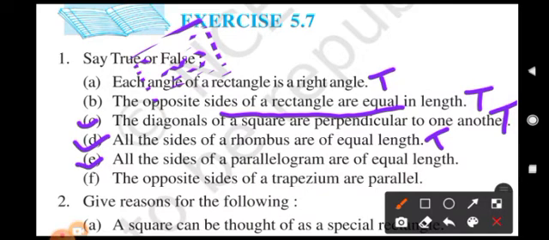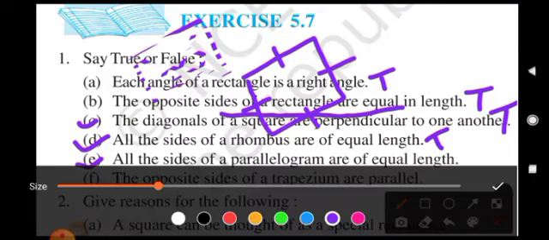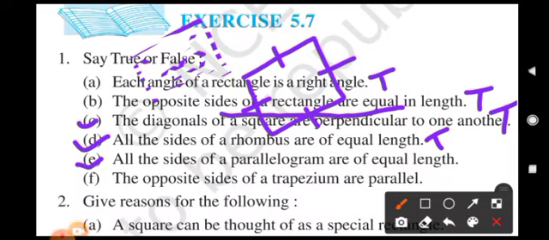Now E: all sides of a parallelogram are of equal length. We can say this is a parallelogram. This line and this line are parallel. This line and this line are parallel. Then obviously that is a parallelogram, isn't it? Now if I draw one more parallelogram: what is the property of a parallelogram?